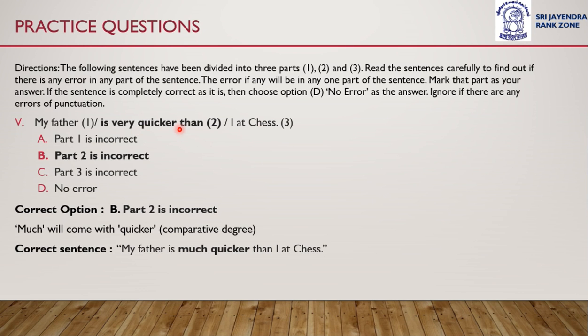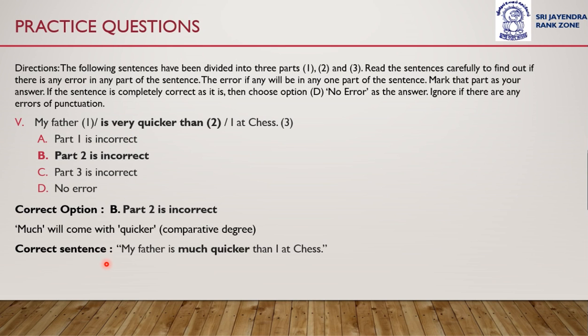So part 2 is incorrect. We cannot use is very quicker than. Why? Because much will come with quicker. It is a comparative degree. We are comparing the father and I. Therefore, while comparing, adverbs like much, less, many, more are used instead of very.